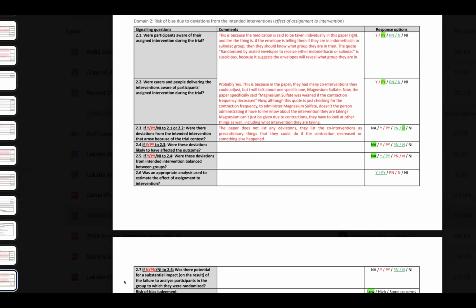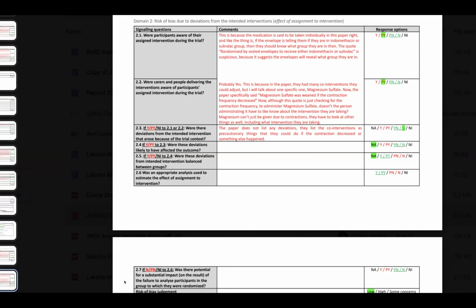I believe we'd also put NI beforehand. I don't remember what we put, but I think his reasoning was similar to what I said, because I originally put probably no, and I also said they didn't list any deviation. So that's what I said originally, but I think we changed it later.